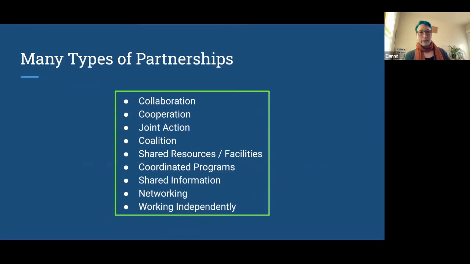So in the case of an organization, you'll see the benefit of having collaboration, cooperation, joint action, coalition, shared resources and facilities, coordinated programs, shared information, networking, and working independently. So anywhere at the bottom all the way to the top of those types of partnerships are completely useful and necessary.